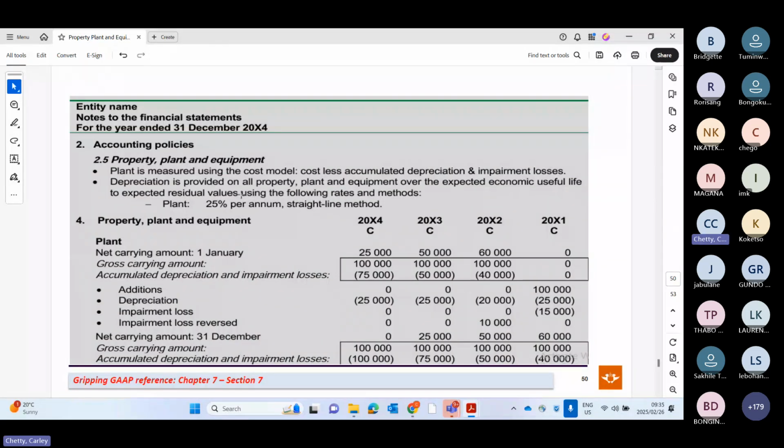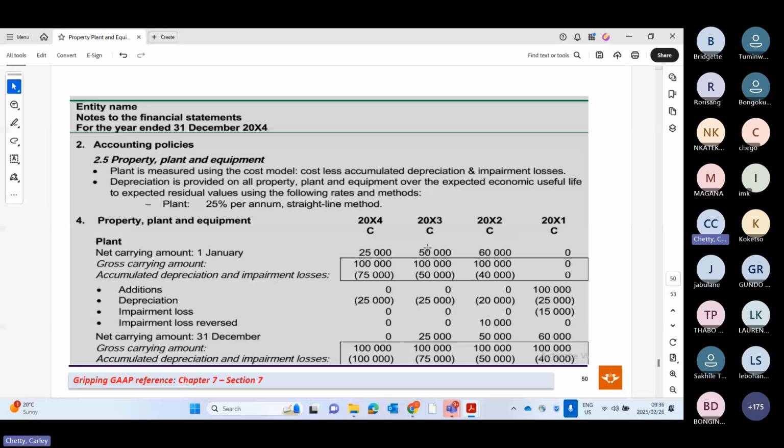In this example, they did a reconciliation from 20x1, and they showed the opening balances here, and then all of the movements, and then the closing balances over here. So have a look at this example. I'll post some additional calculations if you want to do this question for homework.